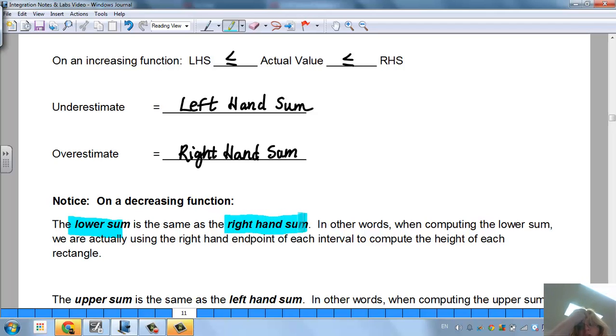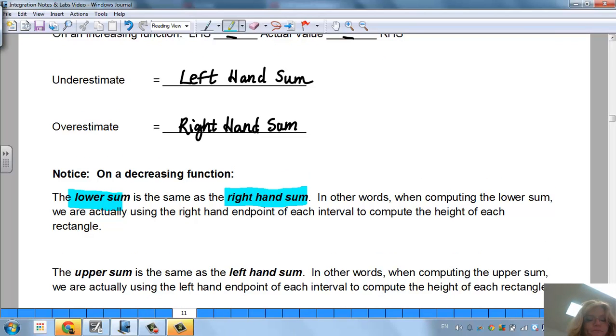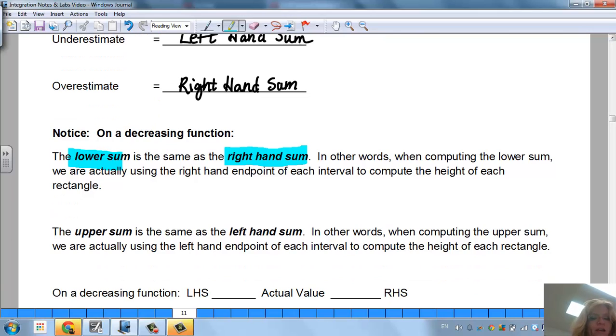When computing the lower sum, we use the right-hand endpoint of each interval to compute the height of the rectangle. The upper sum is actually the left-hand sum. When computing the upper sum, we use the left-hand endpoint of each interval to compute the height of the rectangle.